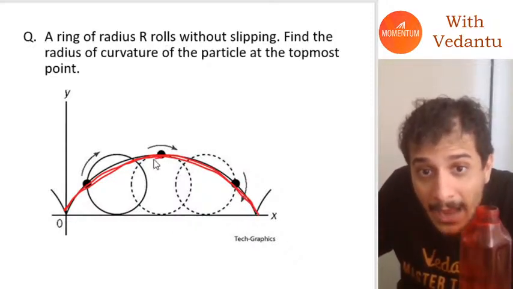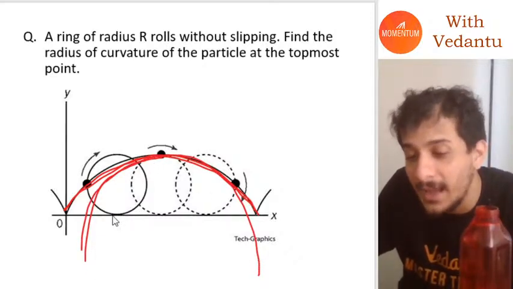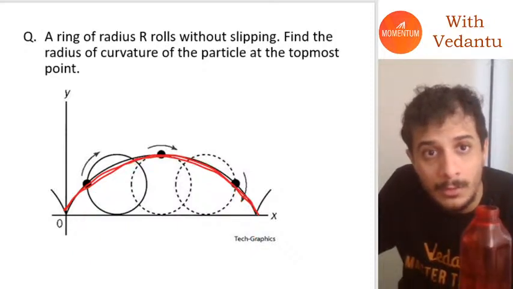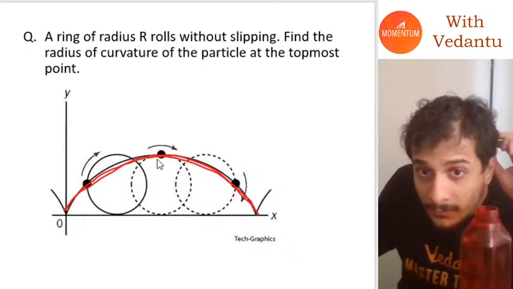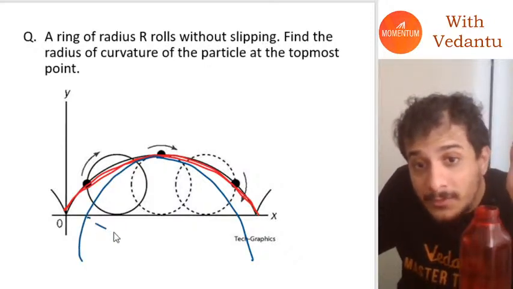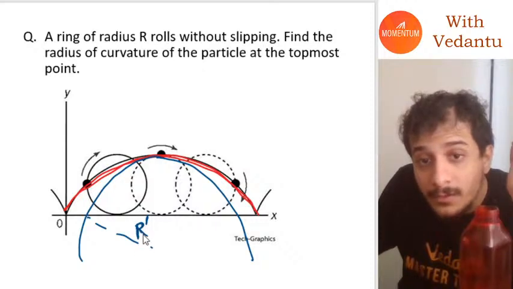Now forget about all the circles, just look at this path. If you see, I can draw a circle which is tangential to this path. Let me draw that circle in blue color. The radius of that circle will be called the radius of curvature.